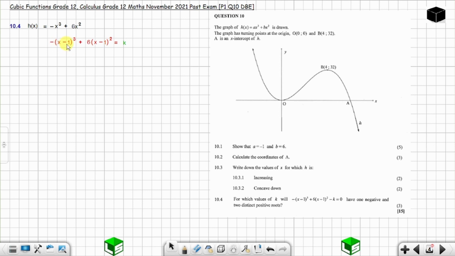Remember when it is negative 1 in the bracket like this, it is actually 1 unit to the right, not to the left. So this will be the graph of h of x minus 1. h of x is shifted 1 unit to the right to get h of x minus 1. Let's try and sketch the two graphs on the same Cartesian plane so that you can see what is happening.